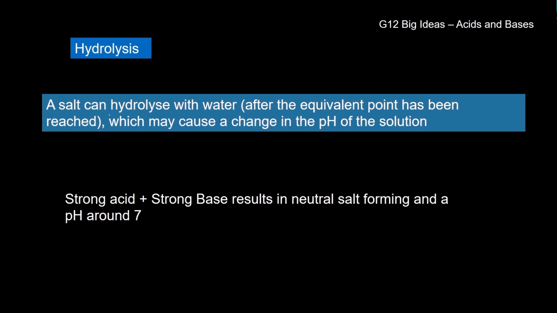That salt, the product of this neutralization reaction, reacts with the water, and we can have hydrolysis happening. This is the official definition for hydrolysis: a salt can hydrolyze with water, which may cause a change in the pH of the solution.